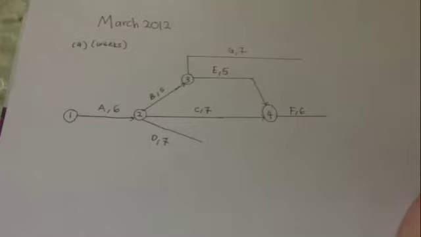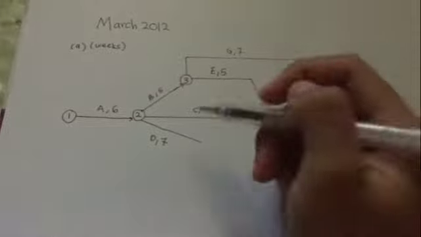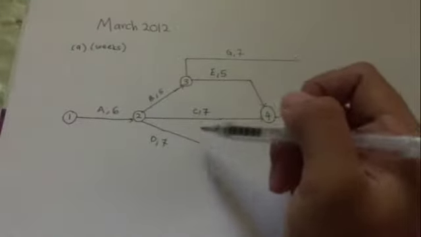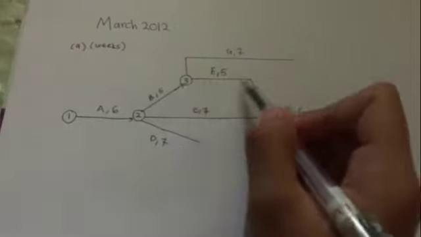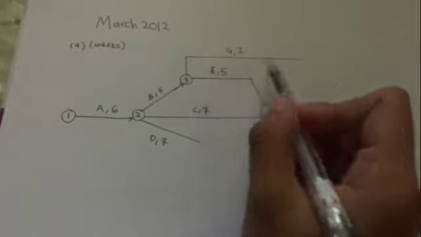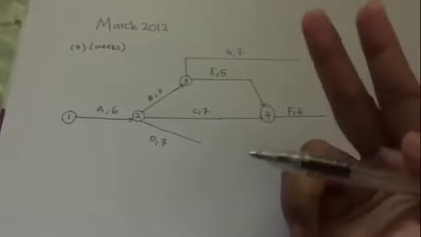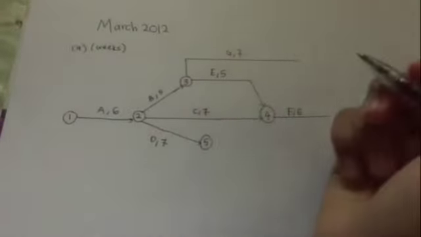Okay, next, activity H and I. H and I have the same preceding activities, which are B and D. Since B already has another activity, there will be a dummy here, because a dummy is used when 2 activities share the same beginning event. So 1, 2, 3, 4, so 5, and then the dummy here.